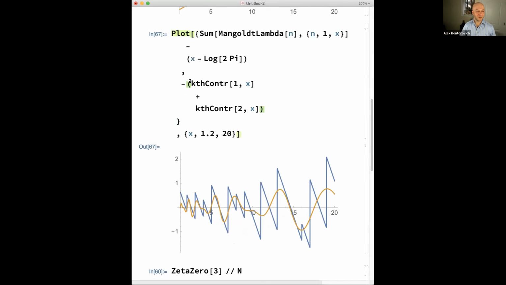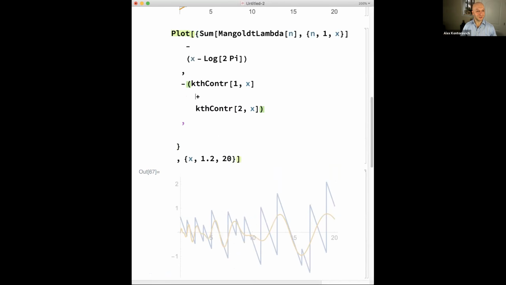Let's take a whole sum of these. So those are the first two contributions. Let's take negative the sum of the kth contributions as k goes from, how many zeros should we take? 10 zeros? 5 zeros? Let's try 10.